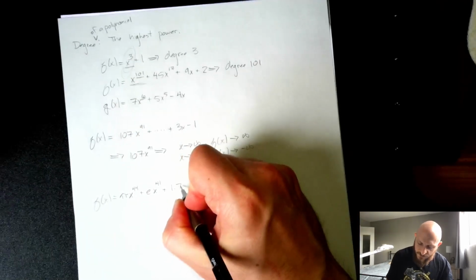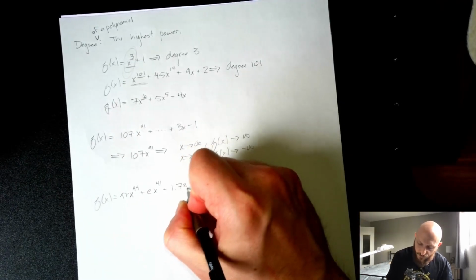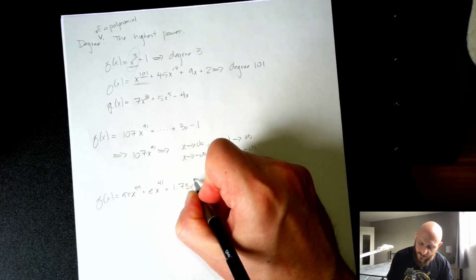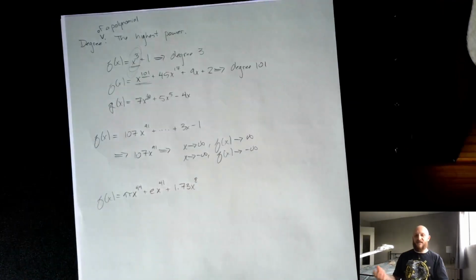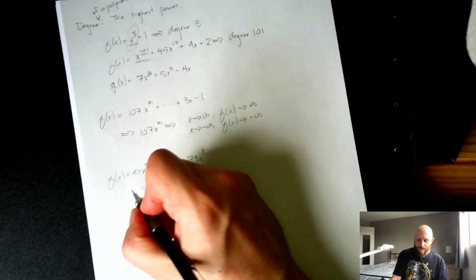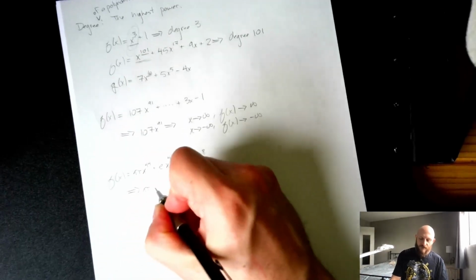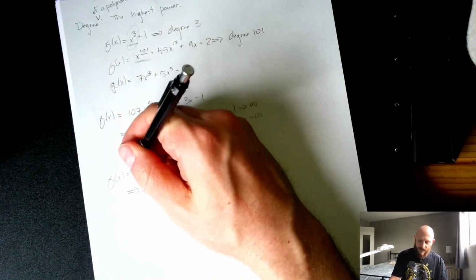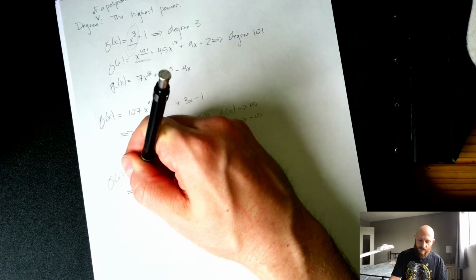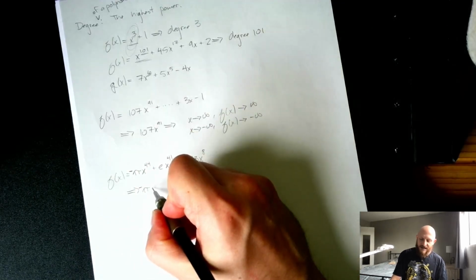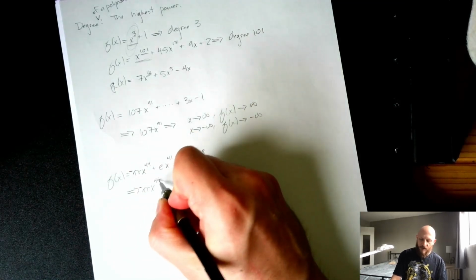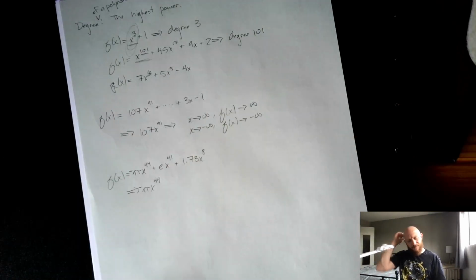I don't know. You can just come up with them. 1.73 x to the 8th. Something like that. You can just reduce this. Let's put a negative out front too, just to make it more interesting. Negative pi x to the 44th. How about that? What's the end behavior there?